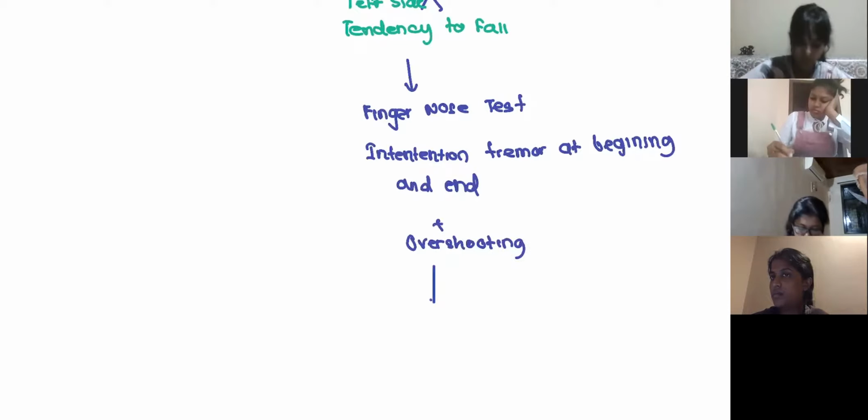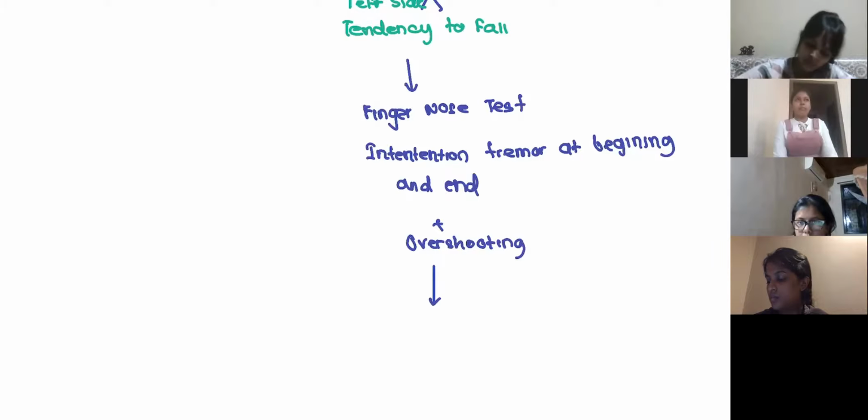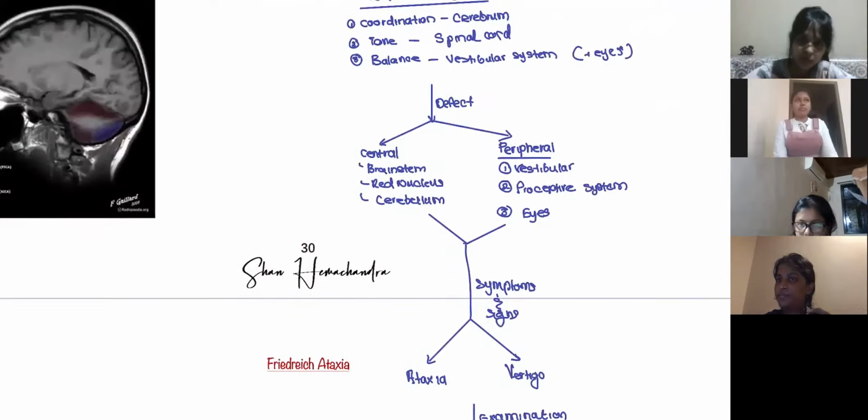Intention tremor is at the start of the movement, finger to the nose. At the start of the movement, you tell him, bring your finger to your nose. The patient will start with the tremor and he will bring it to the nose, and near the nose, he will not be able to keep steady. Cerebellar damage, central or peripheral damage.